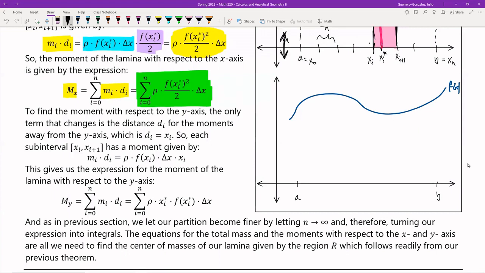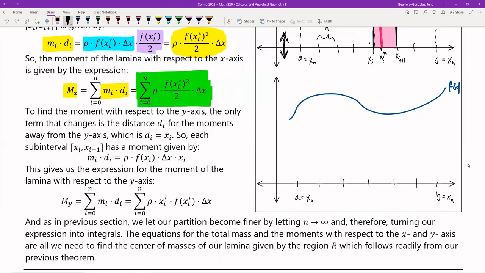I'm going to be using the exact same partitions, my exact same function f of x.